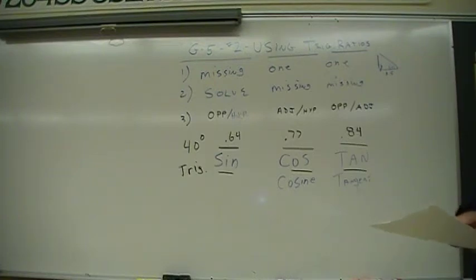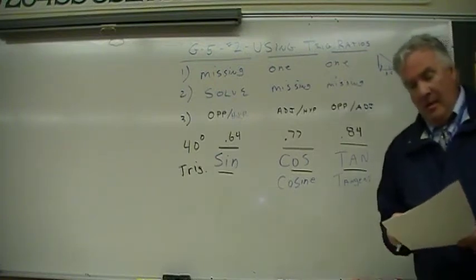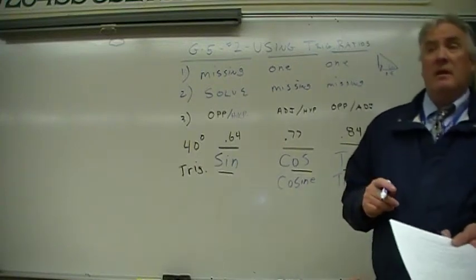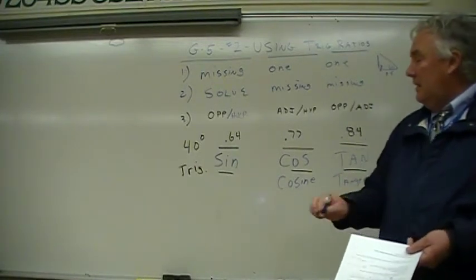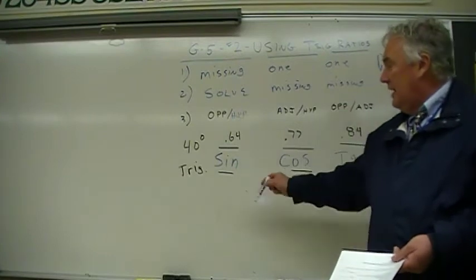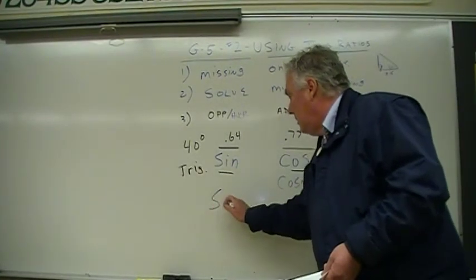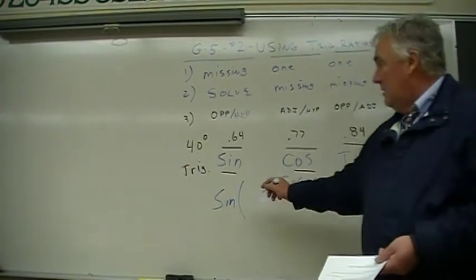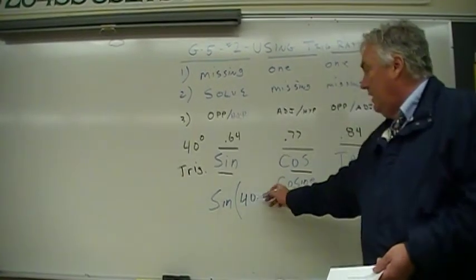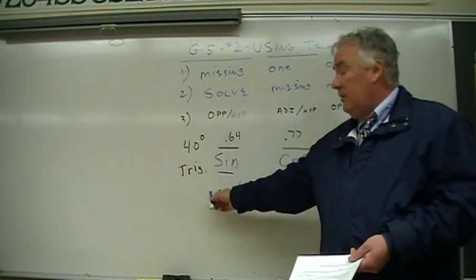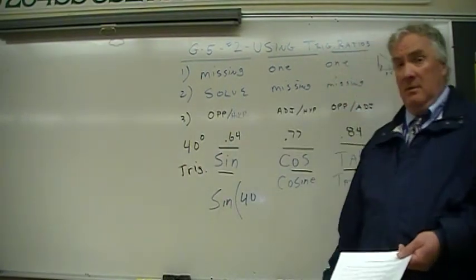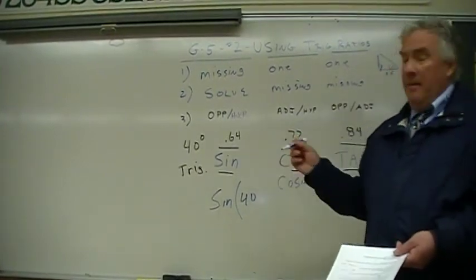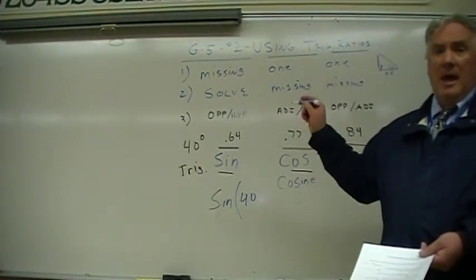Okay? So, if you went to your calculator, whether it be a graphing calculator or some type of scientific calculator, and you put in sine, and it would come up like this. You hit the sine button, and you put in 40 for the 40-degree angle, the sine of a 40-degree angle, and then hit enter, you're going to get 0.64 and so on.